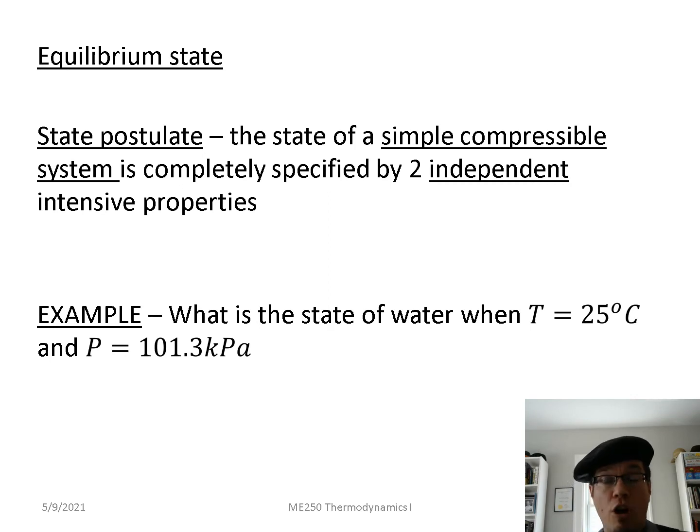So all of these properties that we've been talking about are what are called state variables. They're variables that define the state of a system. And for them to exist and be well defined, you need to be in what's called an equilibrium state. So an equilibrium state is a state of balance in a system.